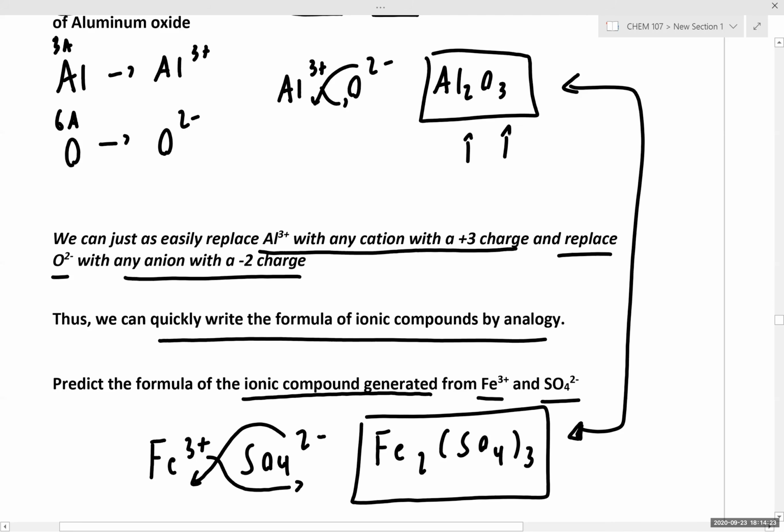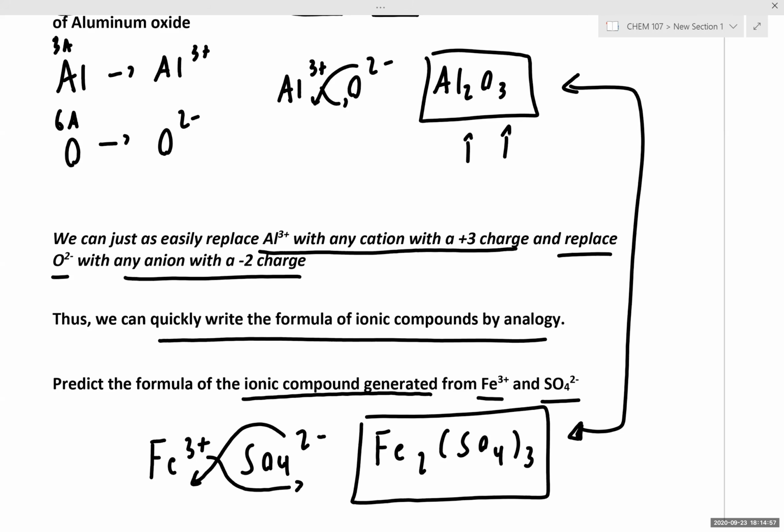Does everyone notice how these two formulas have very similar subscripts? In fact, they are identical for that matter. Does everyone see how if you have the same cation and anion charge, your general formula will be the same? You'll have the same ratio of ions. Does that make sense to everyone? Does everyone see the connection between the charge and our formula?